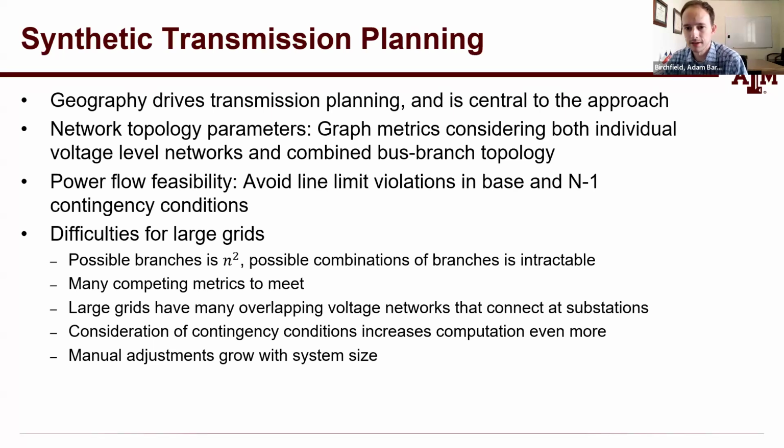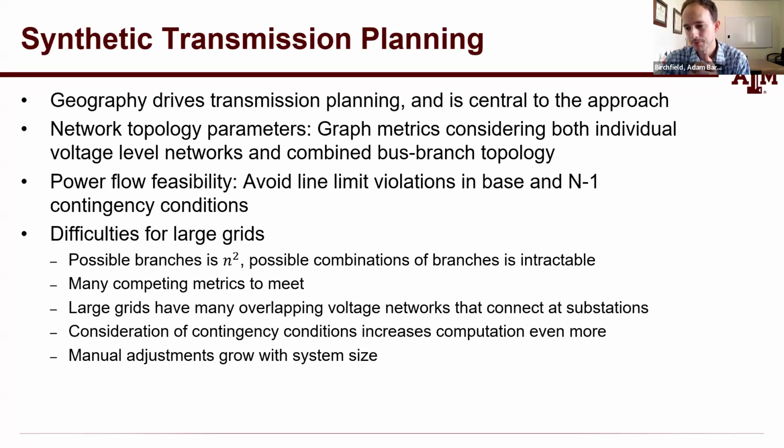Another thing to consider is the network topology parameters. This is recognizing that there are consistent and recognizable graph metrics that appear in real grids. And one of the things that goes along with the topology is recognizing that anytime you model the electric grid as a graph, you need to think about your modeling of the graph to make sure you're being precise.